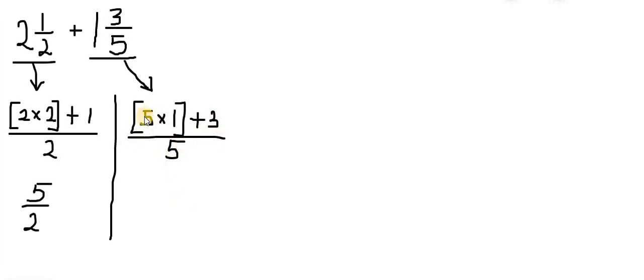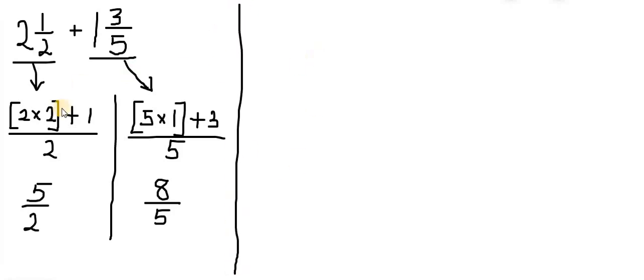So if we complete that, that's 5 times 1, which is 5, plus 3, that's 8, all over the same bottom number, 5. So when we want to solve this problem, we use the improper versions.